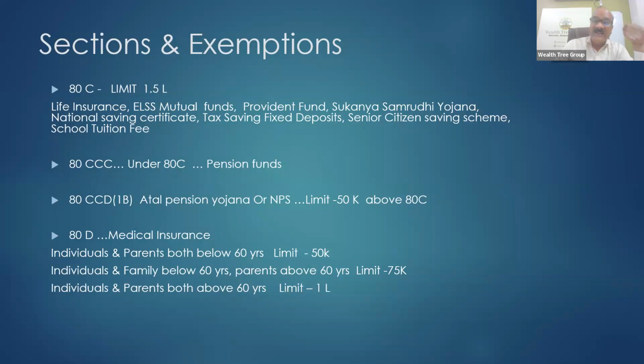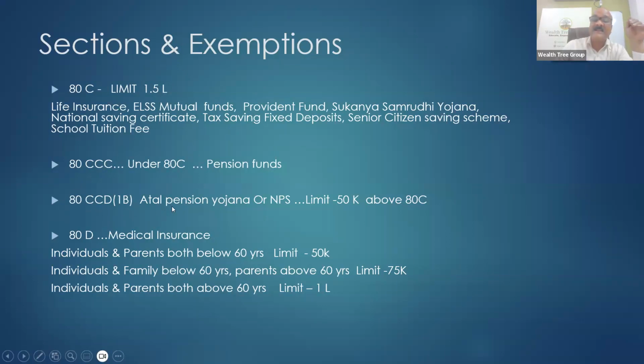And tax saving fixed deposits. There are some fixed deposits which are tax saving fixed deposits, and the senior citizen scheme, and also you can claim your children's school fees in this particular 80C, that is the limit of 1.5 lakhs. And 80CCC also, obviously it is a pension fund which will come under 80C only, up to 1.5 lakhs.